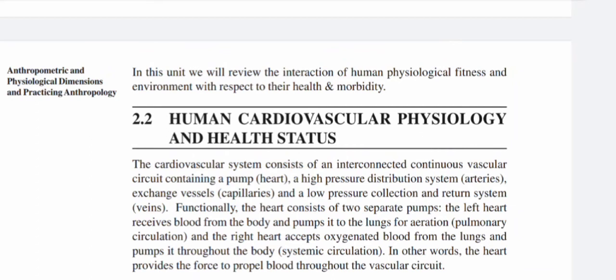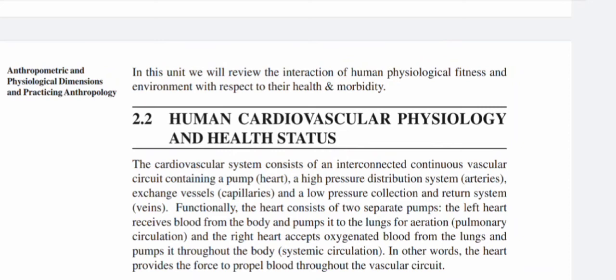The cardiovascular system consists of an interconnected continuous vascular circuit containing a pump, that is heart, a high pressure distribution system, that are arteries, exchange vessels, that are capillaries, and a low pressure collection and return system, that are veins. Functionally, the heart consists of two separate pumps.